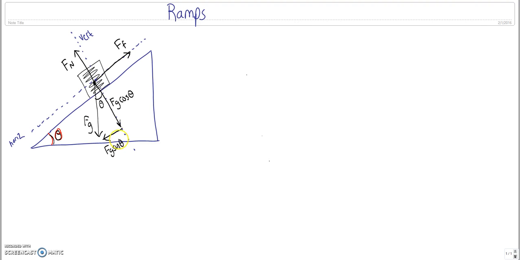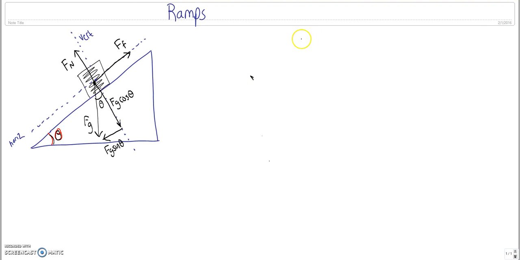I always remember that sine points downwards. S is sine, and that's sliding down the ramp. The sine is always pointing in the direction of the block sliding down the ramp. So when I have you solve for anything in these problems, this is always going to be the way that you set this up.